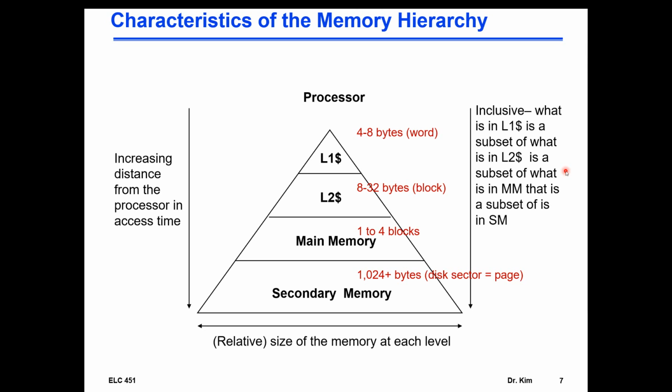And then we have main memory. That's DRAM, a different type of construction. And then we have secondary memory, the disk, which is yet another type of construction. It's electromechanical in nature. So as you get removed from the processor, your access time increases.